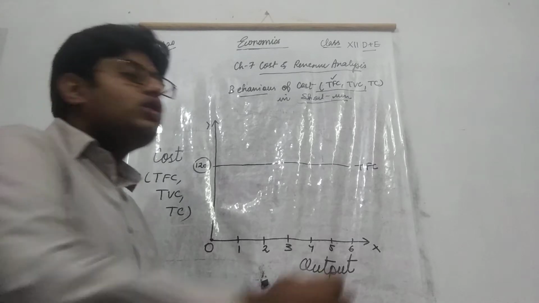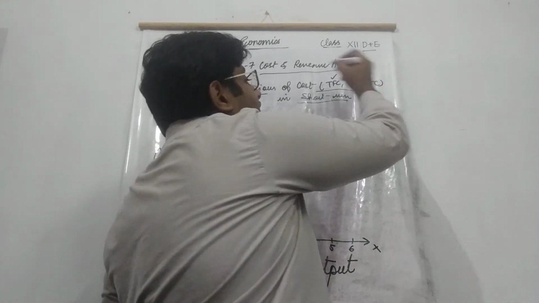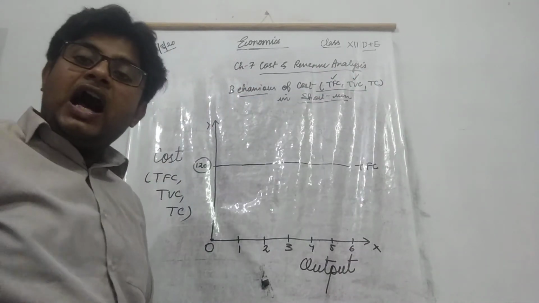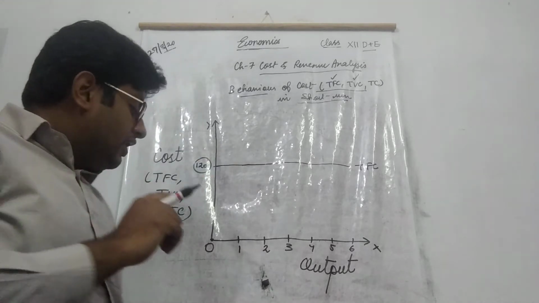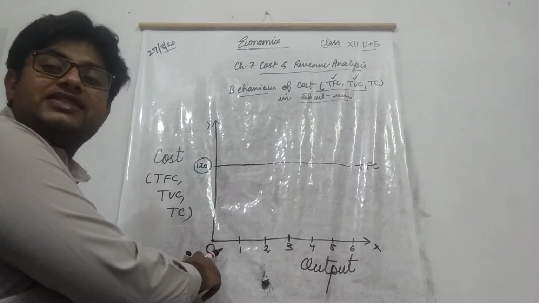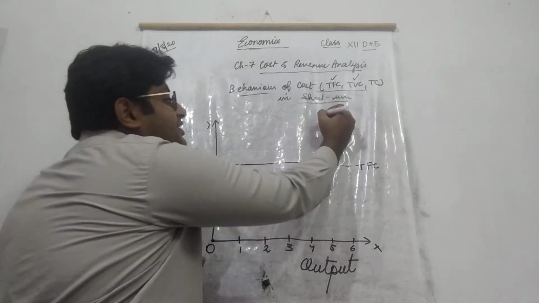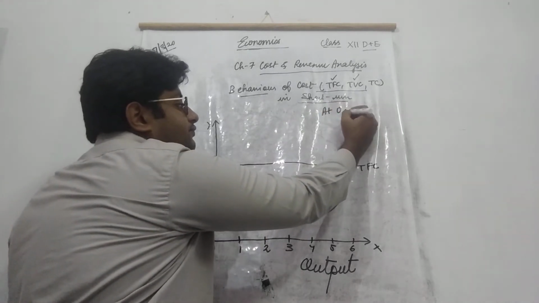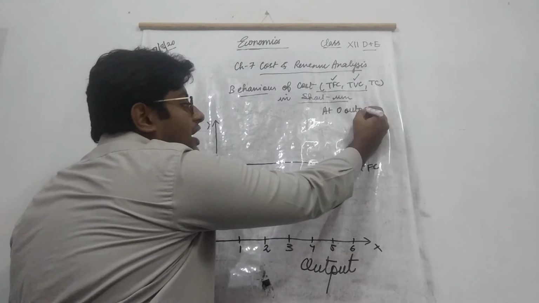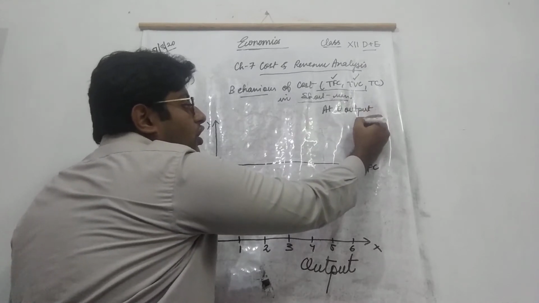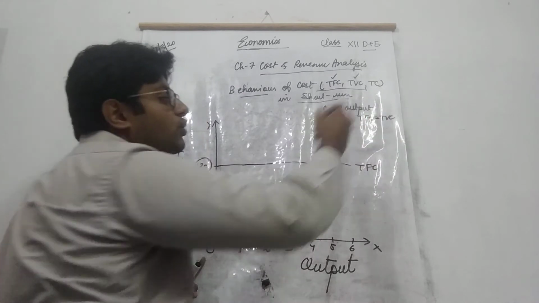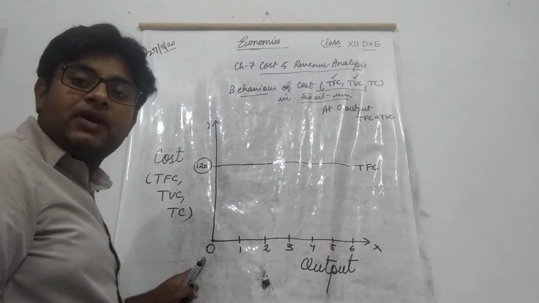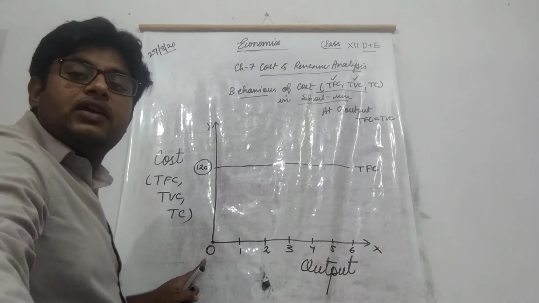Now coming on to the behavior of total variable cost. How it was behaving related with the schedule. I have told you that at 0 output, your total variable cost is 0. Remember?